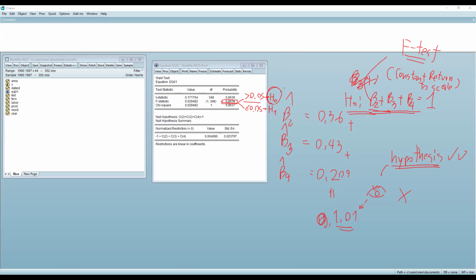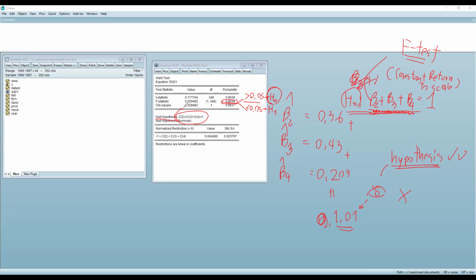What is H0? H0 says beta 2 plus beta 3 plus beta 4 equal 1, right? Again, H0 is the null hypothesis. We type it together. We said that the betas sum to 1. What does it mean?